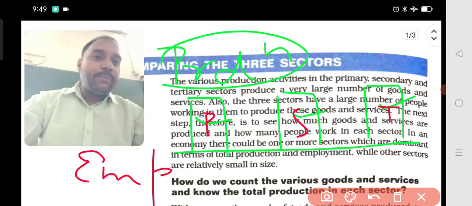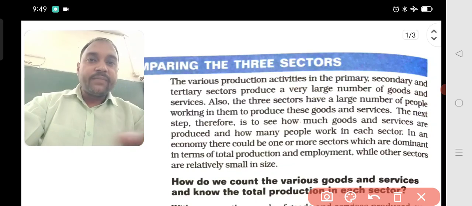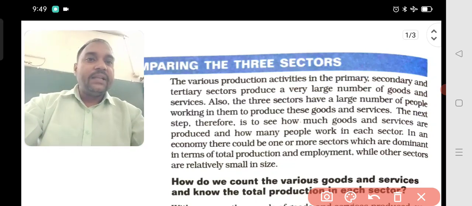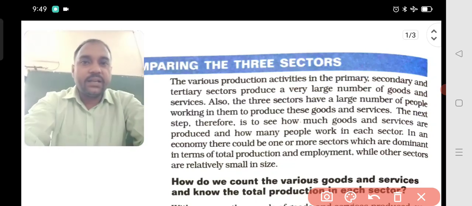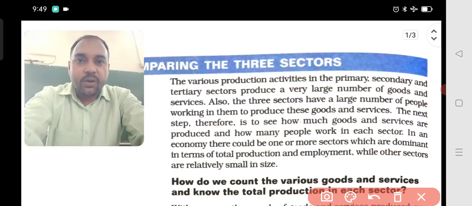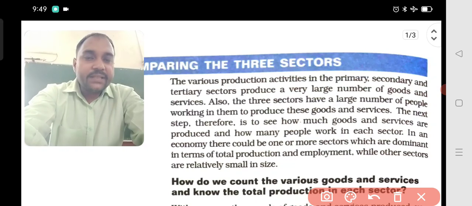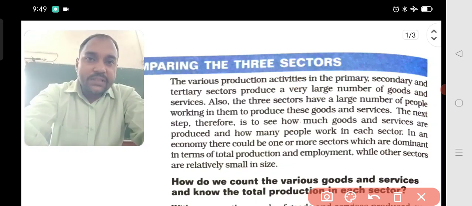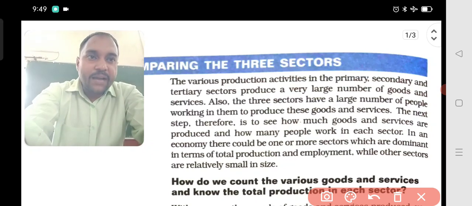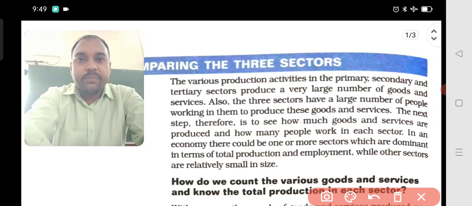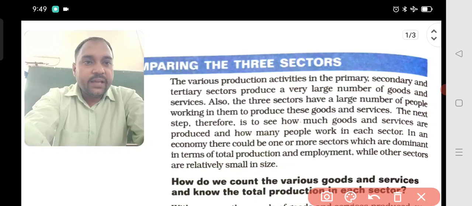This very first passage of this topic clearly notified to us what we have to study in this coming topic. We have to study about the primary, secondary and tertiary sector, what they are producing, how much they are producing, and for how many people they are providing employment.